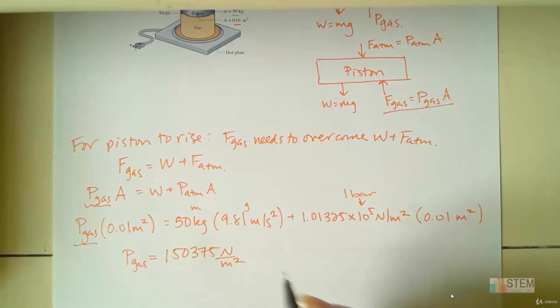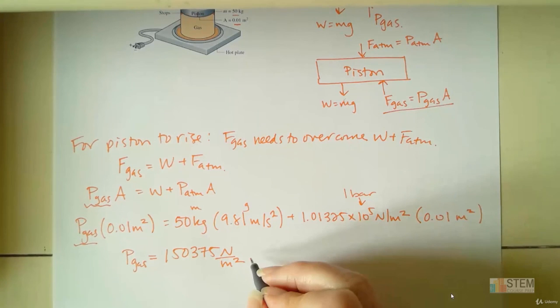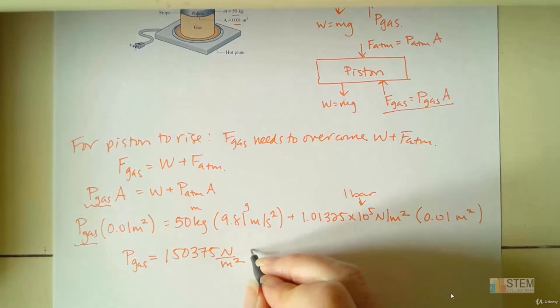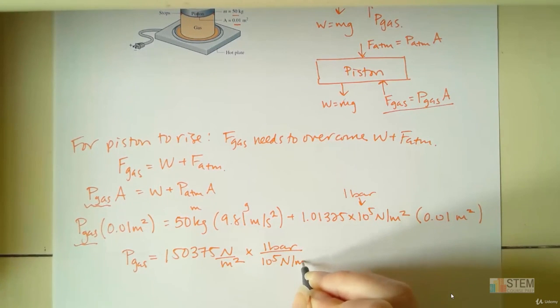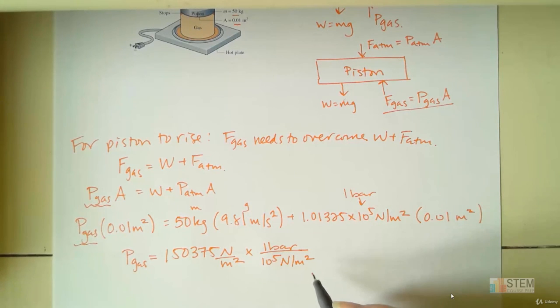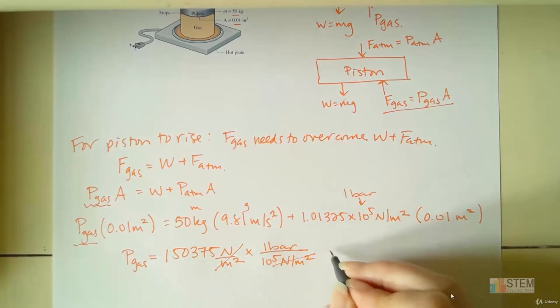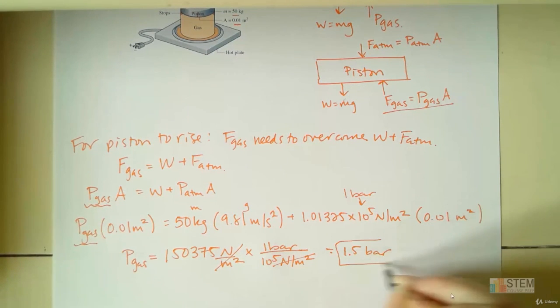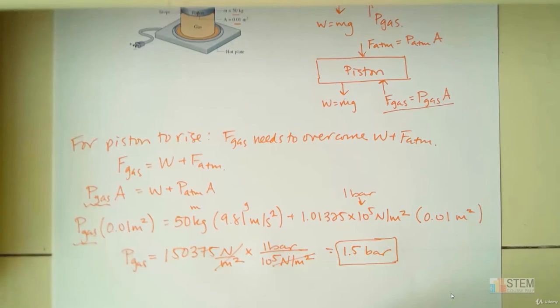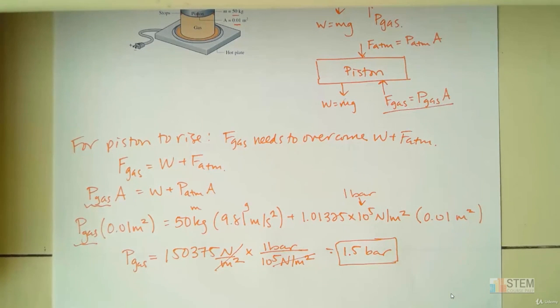Now we want this in bar, so we're going to multiply by our conversion, which is 1 bar per 10 to the 5th Newton per square meter. This cancels this, and what you get is 1.5 bar. So that is the gas pressure you're going to have in order to make that piston start moving up. It's got to be 1.5 bar.